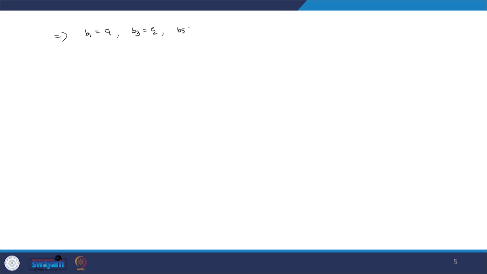b5 equal to c3. Already we have proved in our last class, for a general m cross n matrix, what will be the relation between the coefficients c1, c2, c3 and the entries of beta. Generally c1 is equal to b_k1, c2 is equal to b_k2 and c3 is equal to b_k3. One can directly write down the solutions that way without comparing the coefficients.